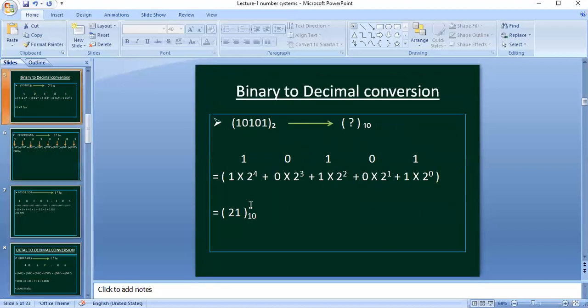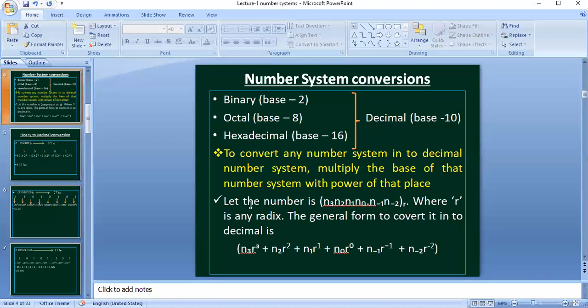In yesterday's class, the binary, octal, hexadecimal, and decimal number systems are all positional number systems. Each digit has its positional weight, in powers of that radix.